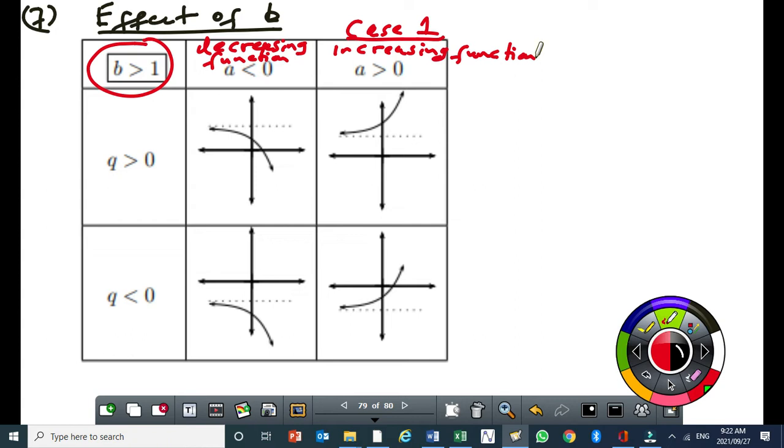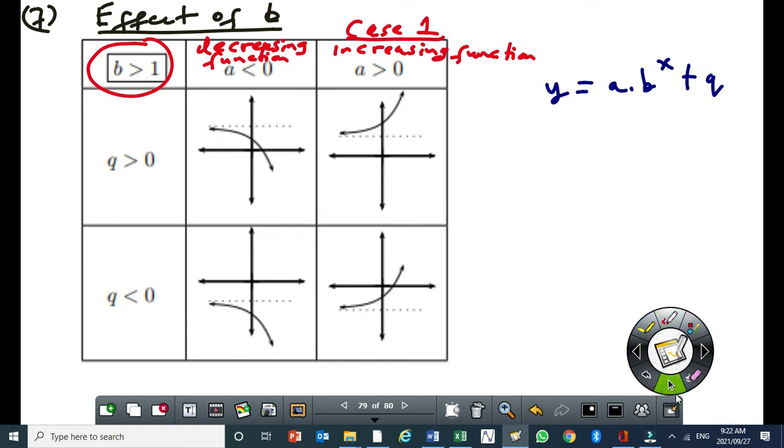Okay, so this is the first case when B is positive. What I mean there, just to emphasize, for the general equation, it's y equals a times b to the power of x plus q. So here I'm mainly talking about this b. That b there can never be 0.